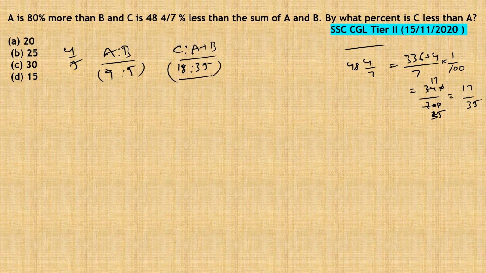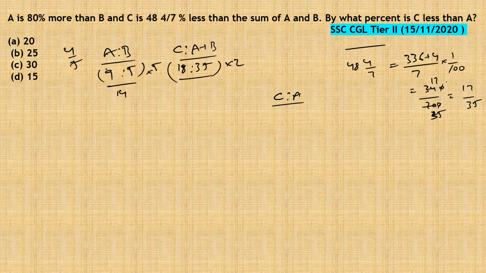What we need to find? By what percent C is less than A? We need to find the ratio of C is to A. Here the ratio of A plus B is 14. Here it is 35. To balance the equation, the LCM of 14 and 35 is 70. So you can multiply it here by 2, and 14 5s are 70.